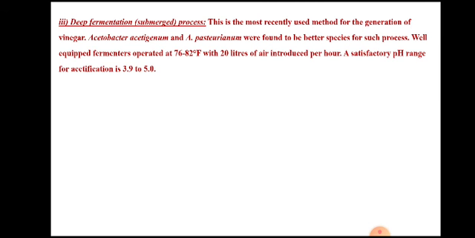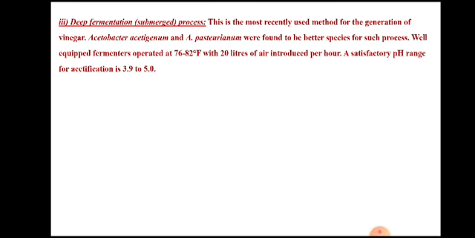The third process in the making of vinegar is the submerged fermentation process. It is also called deep tank fermentation. It is carried out by using the conventional submerged fermentation process in presence of excess water. This is the most recently used method for the generation of vinegar.